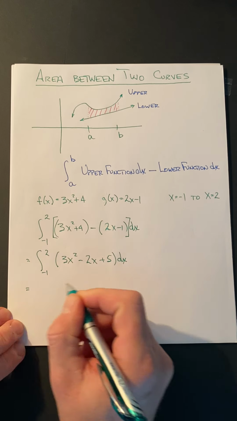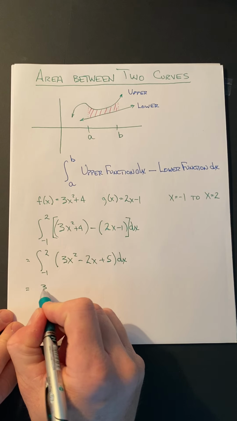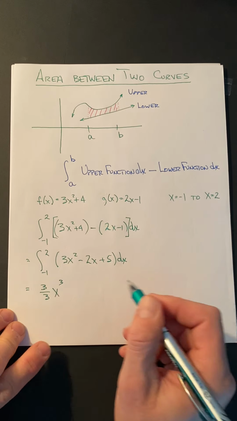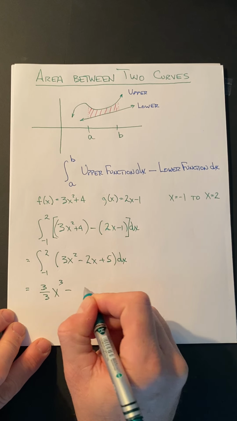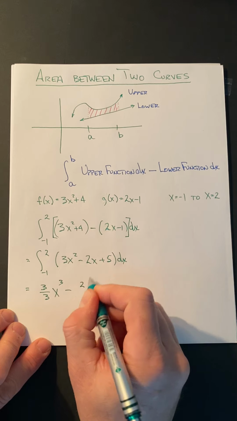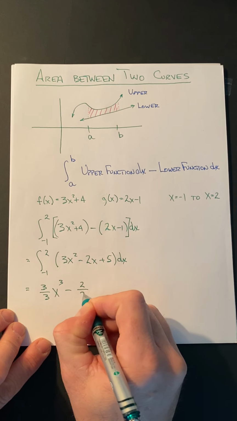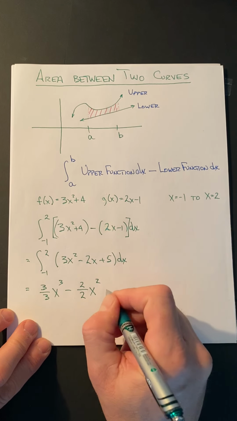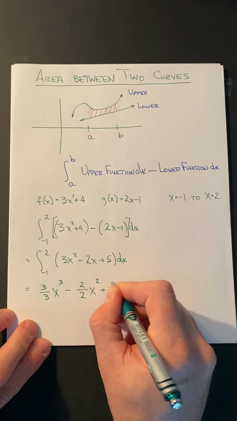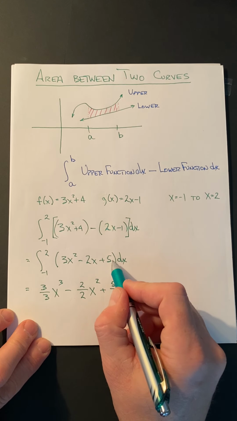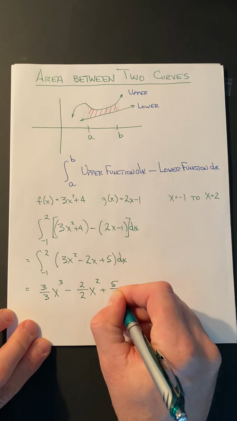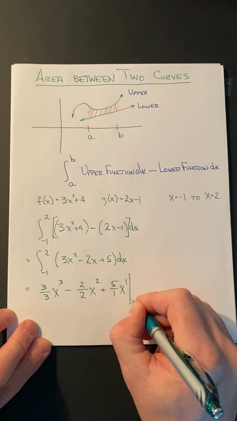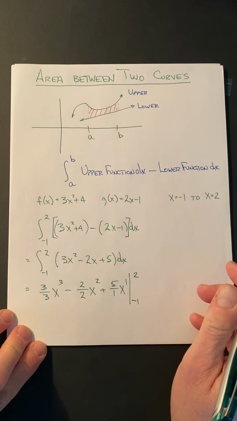So when we do that, I'm going to get 3 over n plus 1, 3x cubed, okay, minus, the coefficient comes out in front, x is 1 over n plus 1, right? X to the n plus 1, plus 5 over x is 0. 0 plus 1 is 1. X to the 0 plus 1, right? And then that's all from minus 1 to 2, okay?